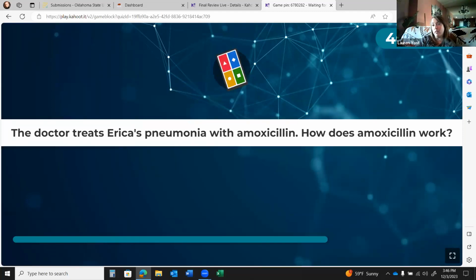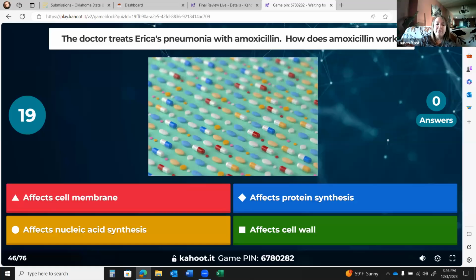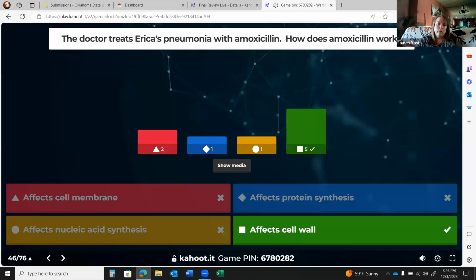How does amoxicillin work? Okay, so that's right. Most of you guys got this one. It is going to be cell wall.